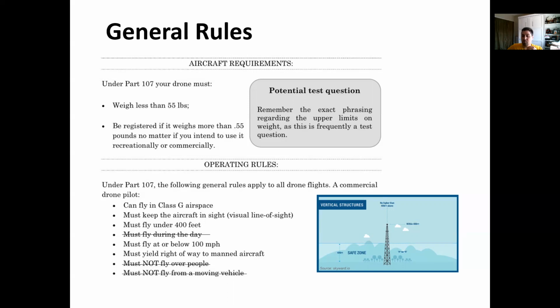Must yield the right of way to manned aircraft. That's extremely important, okay? On the test, there are going to be frequent questions like that about safety. Essentially, say there's a low flying airplane or a helicopter, those are the two obvious ones. If they're coming into your space where you're flying your drone, even if you have authorization to be there, they have the right of way.